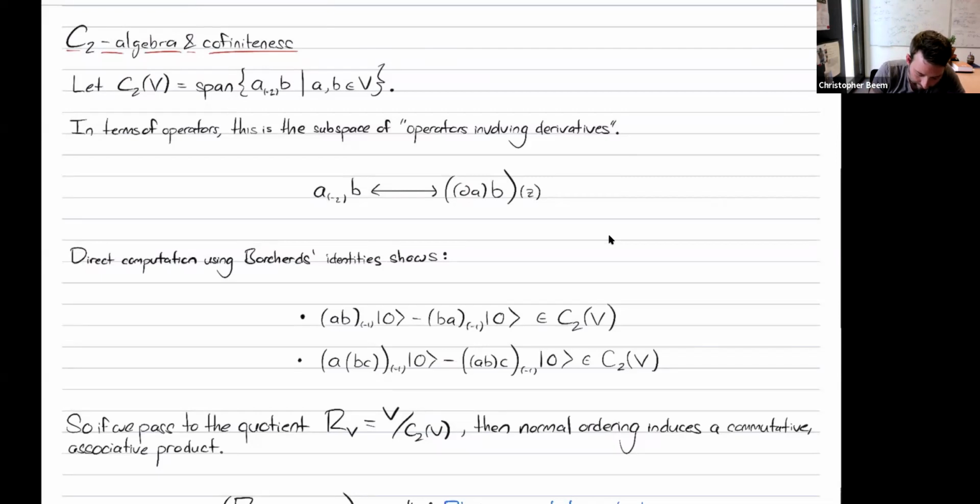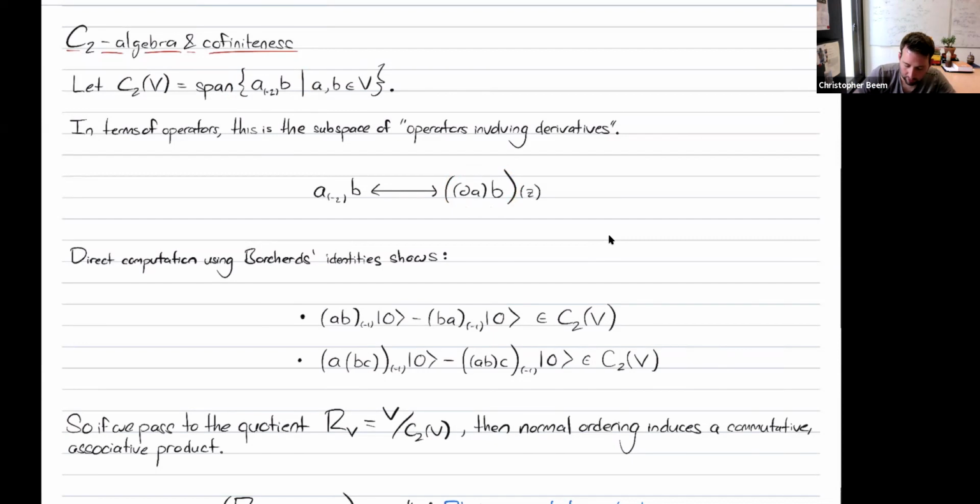So you define a vector subspace of your vertex algebra, which is everything of this form, A_{-2}B, for A and B in V. And if the translation isn't automatic in your head, this is looking at things which are normal ordered products where one of the operators is a derivative of something.